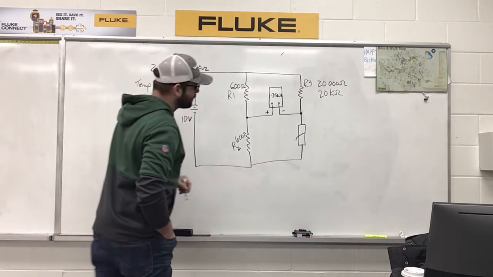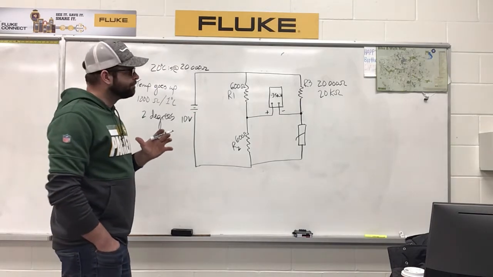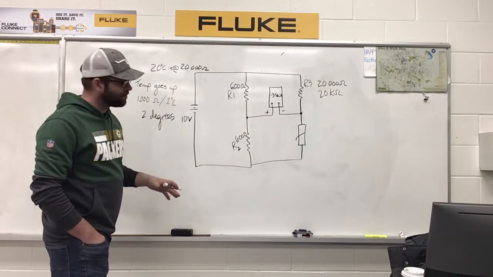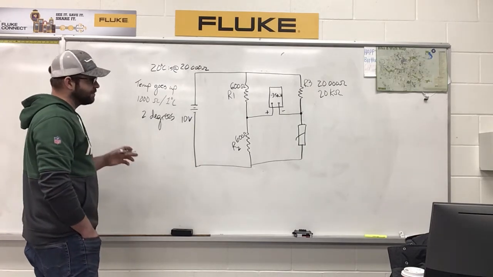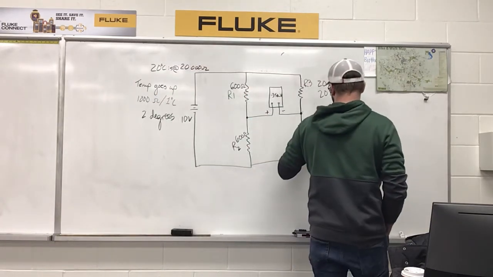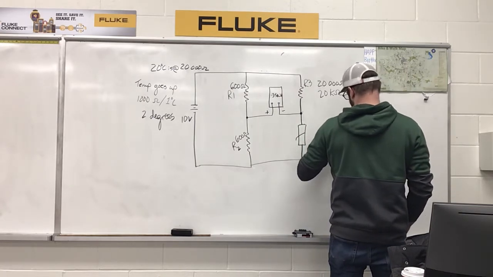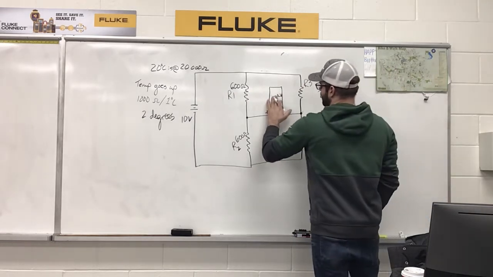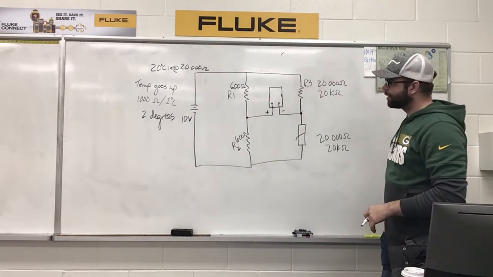So temperature went up 2 degrees, and remember what type of device a thermistor is. Is it a positive temperature coefficient or a negative temperature coefficient? Keep that in mind as you do this question. It starts at 20 degrees at 20 k ohm, and we've changed 2 degrees. So pause the video, go through the question, and then come back and we'll finish that one up.